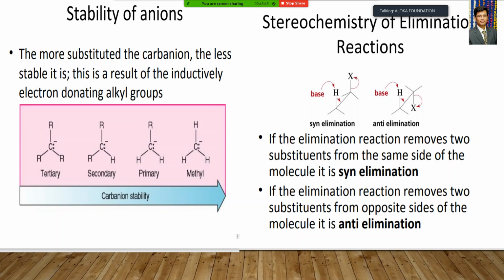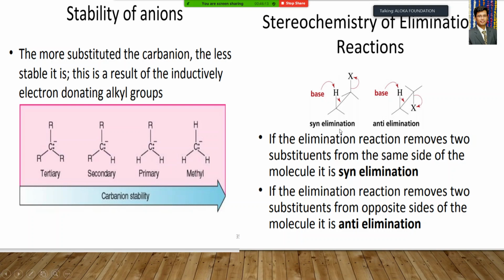If the elimination reaction removes the two substituents on the same side of the molecule, it is known as syn elimination. So if the elimination reaction occurs such that both the leaving groups are from the same side, then it is known as syn elimination. And if the elimination reaction removes the two substituents from the opposite side, it is known as anti-elimination.